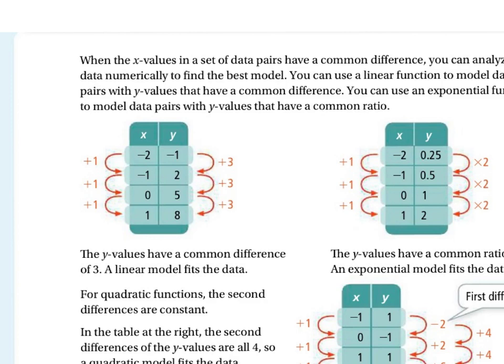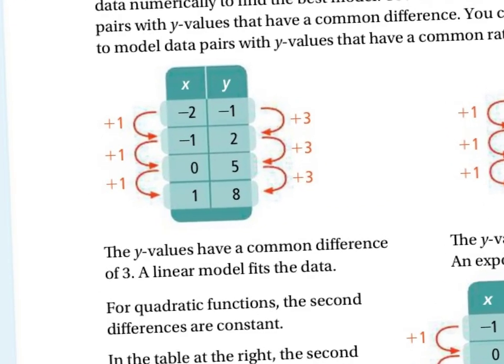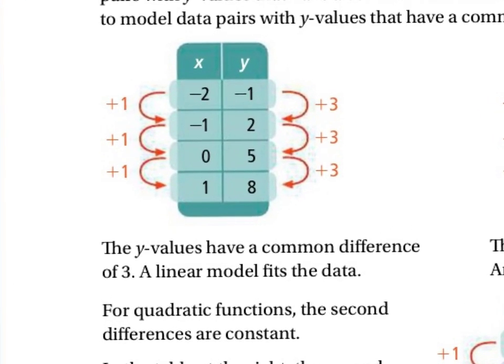Besides graphing the points, another thing we can do is look for differences between our x values and y values. So if you look at this first table here, every time the y values are increasing by 3 and the x values are increasing by 1, and that might ring a bell with something we've done before.